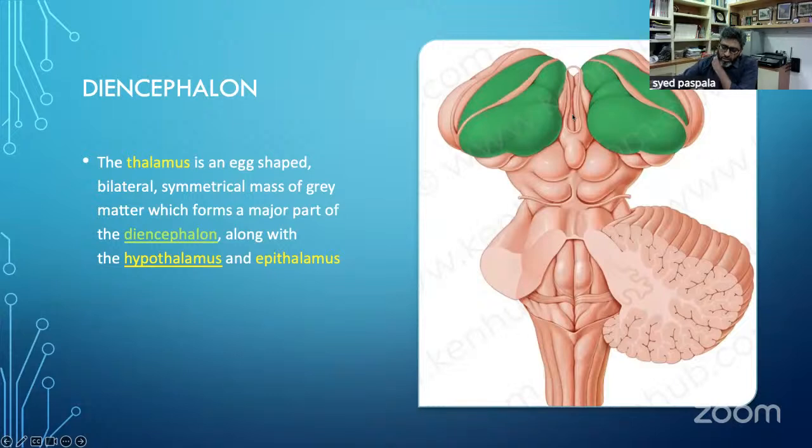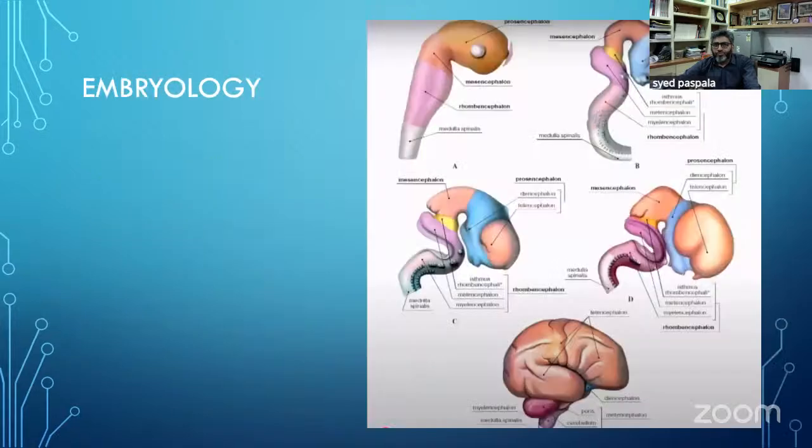And the thalamus develops from diencephalon. As I was telling you, the prosencephalon gives rise to telencephalon and the diencephalon, and thalamus forms a major part of diencephalon along with the hypothalamus and then the epithalamus and subthalamus also.